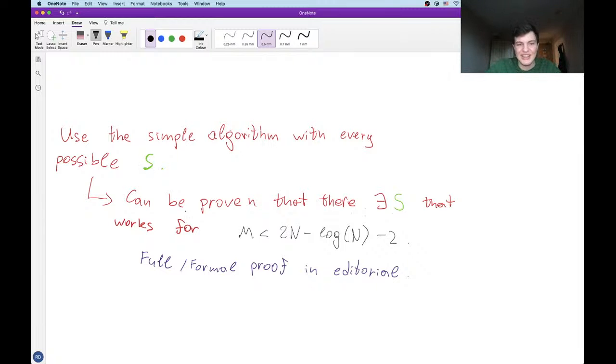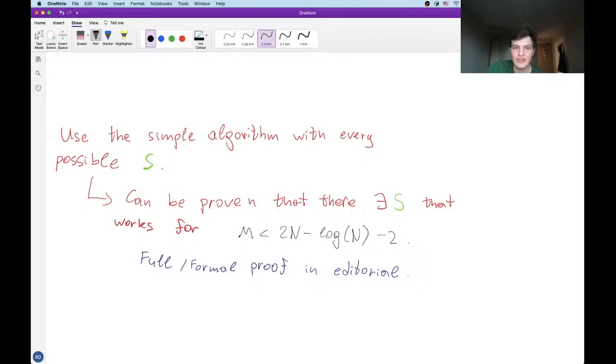And the thing is that we can prove that this works if we just try all possible S. This will definitely work for M less than 2n minus log n minus 2. And the proof is left as an exercise. No, I'm just joking, there is a formal proof in the editorial, and here I'm going to discuss the main intuition about it and why it's correct.